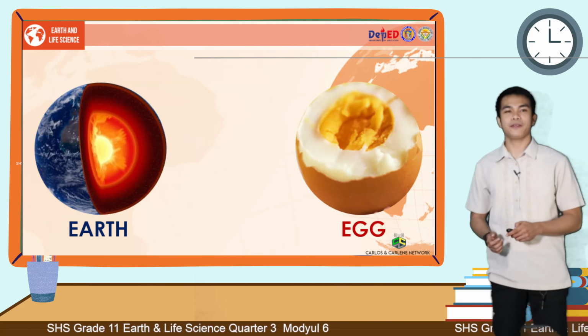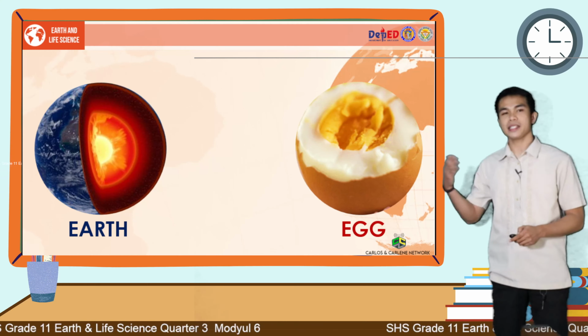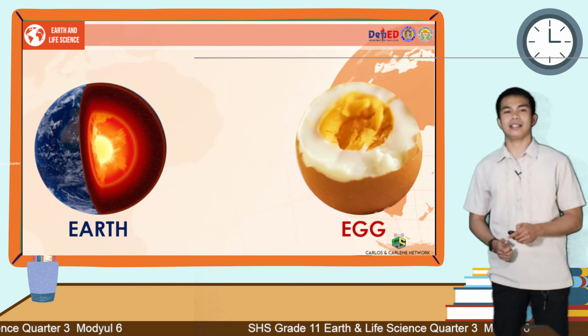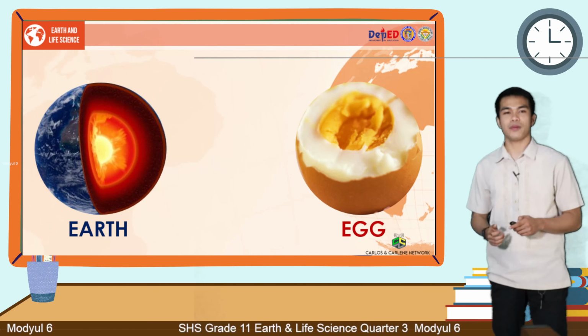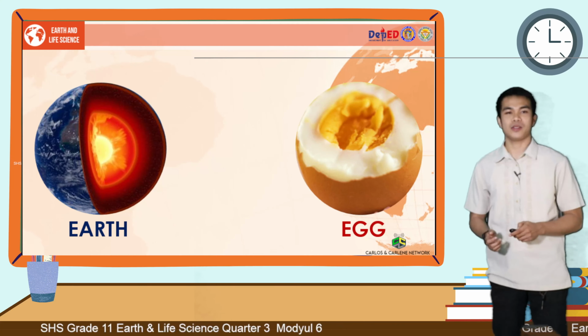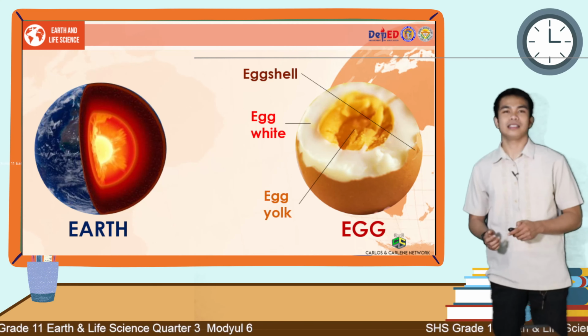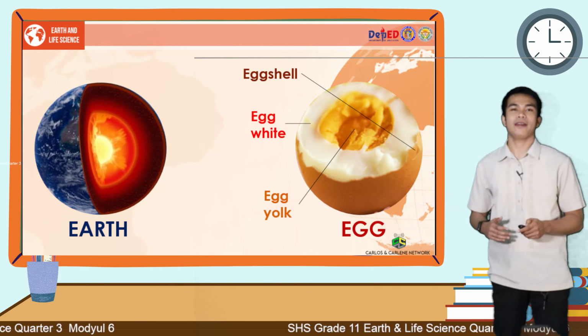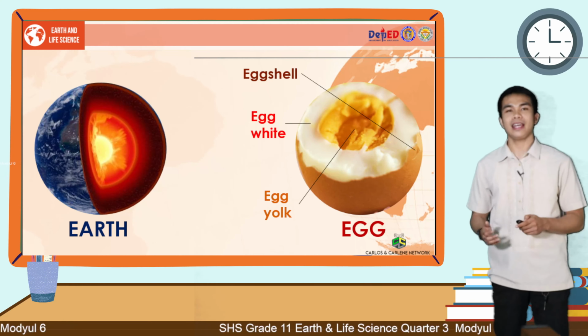You can see from the illustrations the Earth's interior layers and the layers of a hard-boiled egg. Let us label first the layers of the egg and compare it to the Earth's layers. So the egg and its parts: we have the eggshell, the egg white, and the egg yolk.